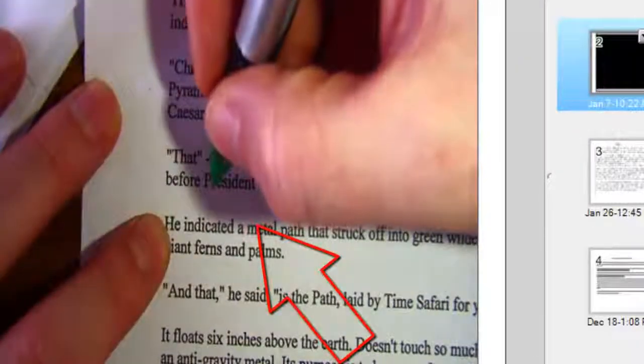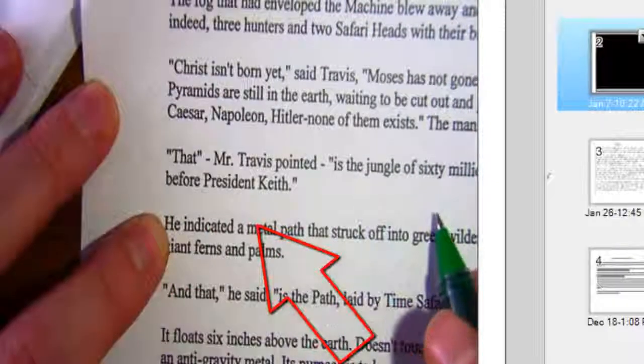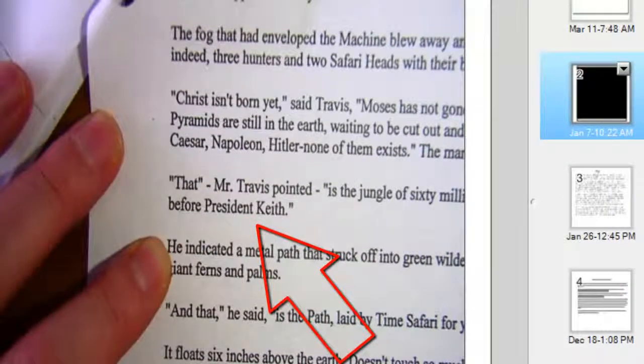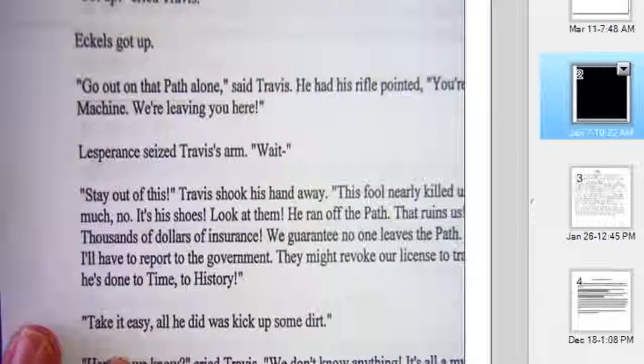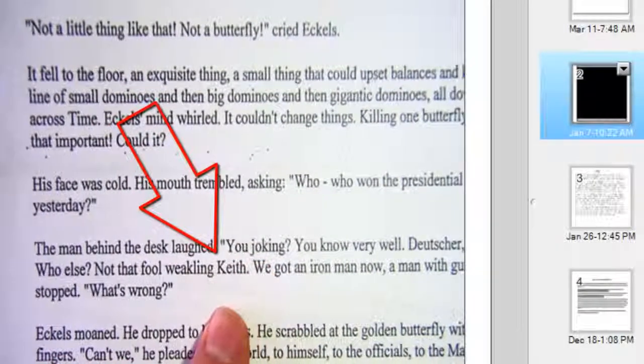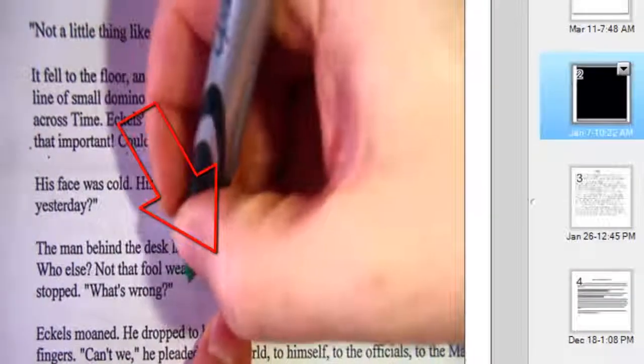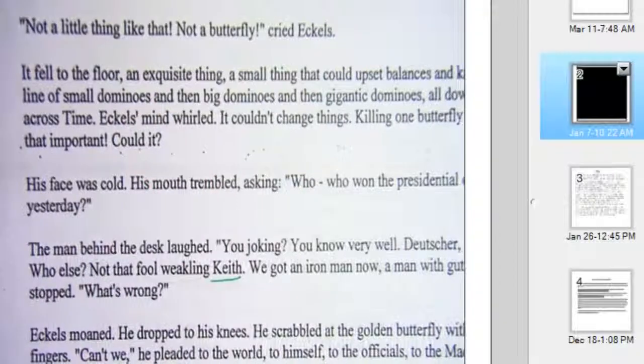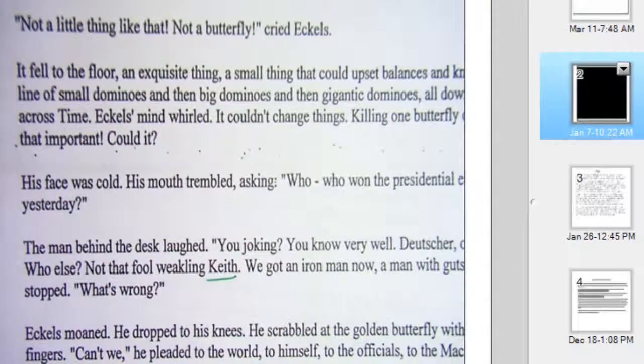Here's page 3. That is a jungle of 60,055 years before President Keith. And then, of course, at the end of the story, it pops back up on page 11 when they ask who won the presidency. Not that fool weakling Keith. So you see that they have changed history. Right, so that's an example of foreshadowing.